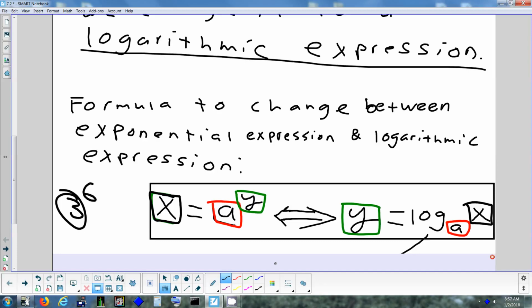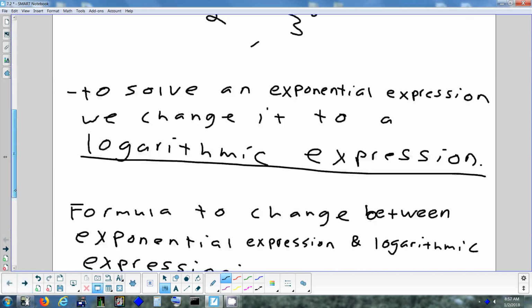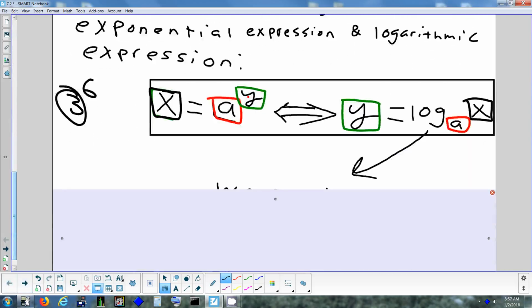The next thing is the exponent. I told you that anytime you want to solve an equation that has an exponent with a variable, you have to use a log. So if you can remember the idea that a logarithm always equals the exponent.